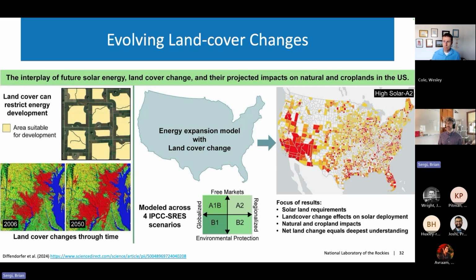On the other hand, you might have other scenarios where there's more potential for solar deployment because there's less development in certain places. That might mean you get more solar on things like cropland and other land cover types that, I don't know, there might be questions about whether you want to use that for solar.